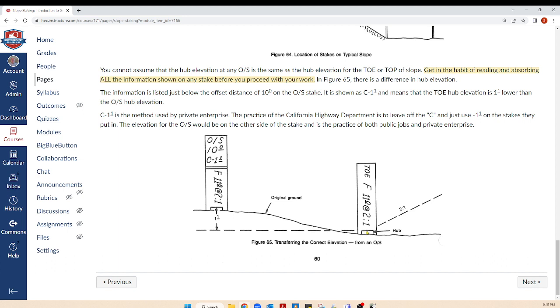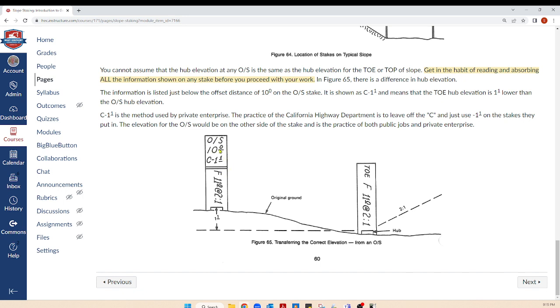Here is your hub for your toe stake, your starting point. This is telling you everything you need to do to build this 2 to 1 slope. The first thing it's saying is I'm an offset and I happen to be offset 10 feet from where you need to start. That's the way that reads.